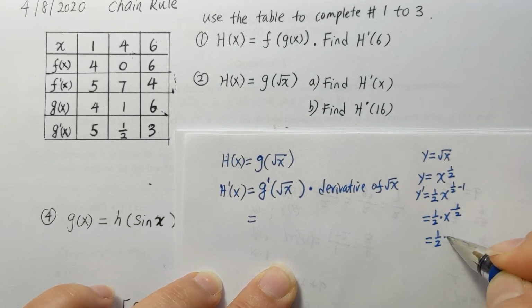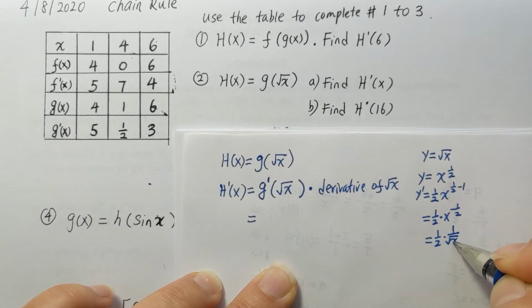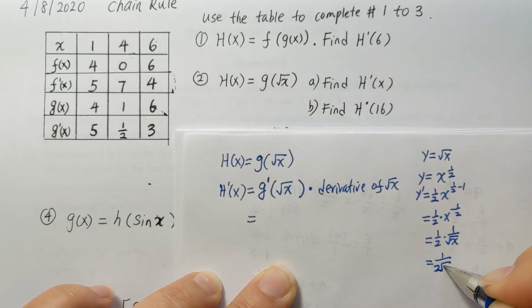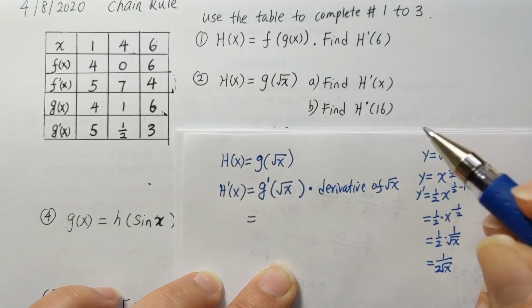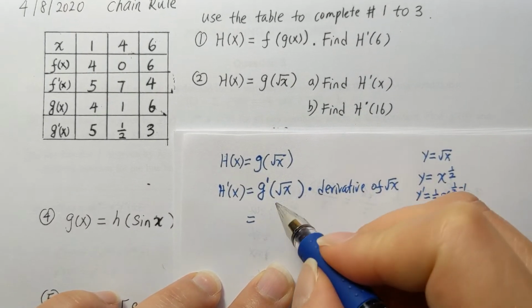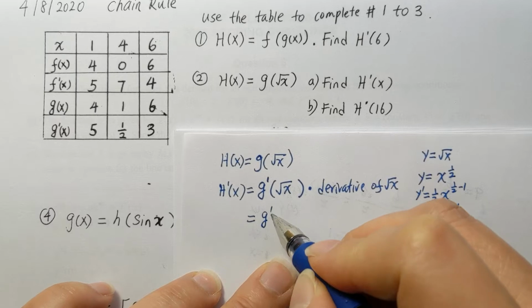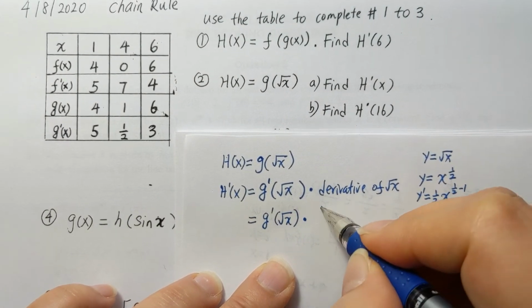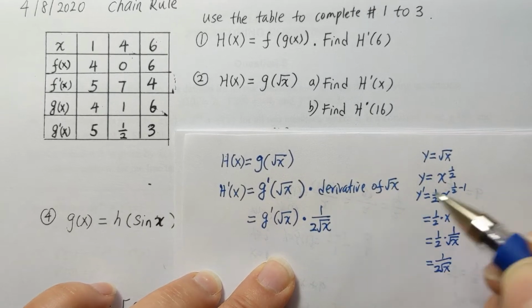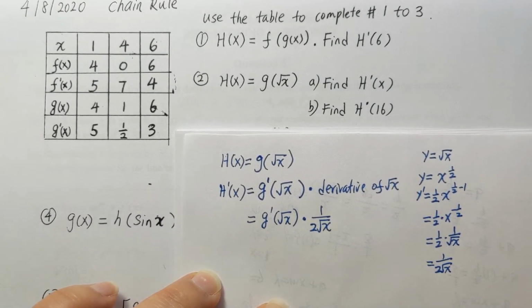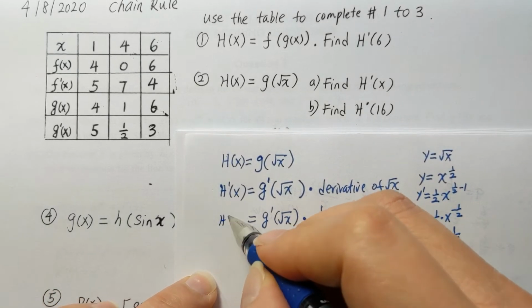So 1/2 times 1 over square root of x, and then you get 1 over 2 square root x. So one more time, if you can do this in one step, you don't have to show this. So now it becomes g prime of square root x times 1 over 2 square root x. So we finished part A.